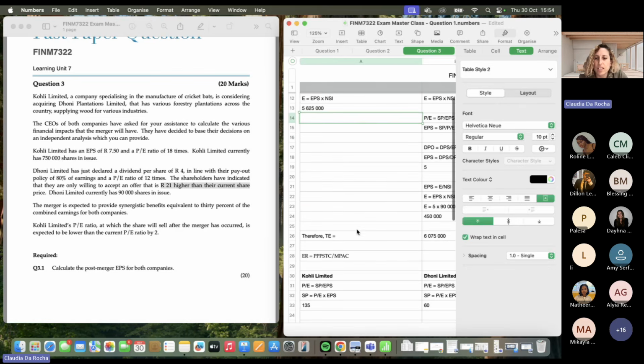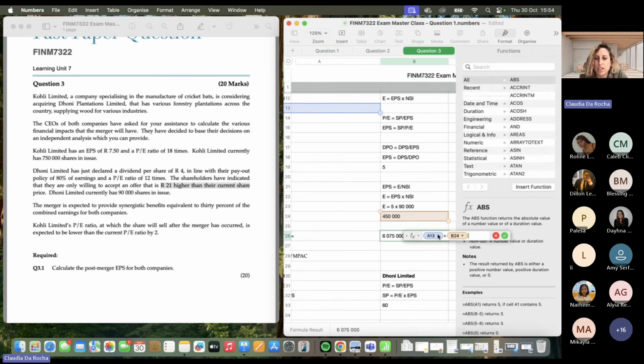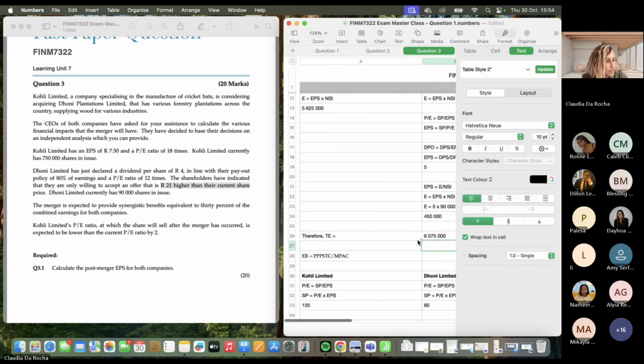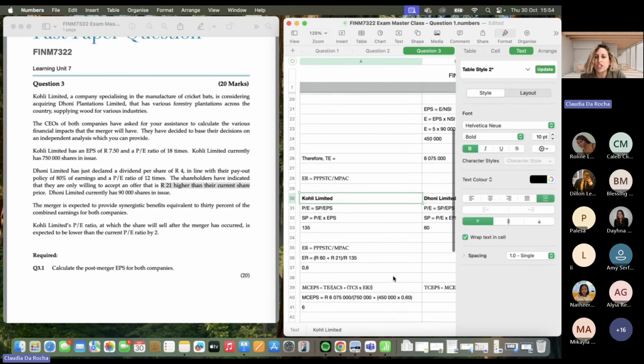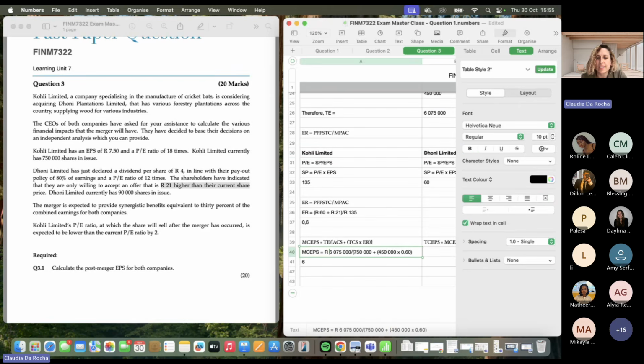I actually didn't include the right one. The other thing I forgot is the synergy. So this is where we have to multiply by the synergy because they did say.